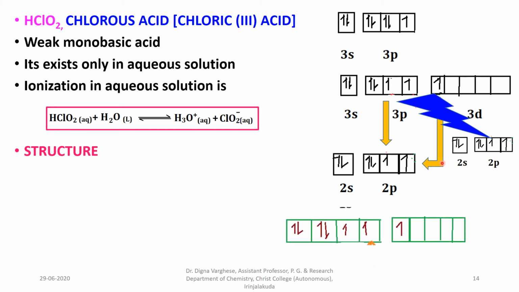And the sp3 hybrid orbitals form two sigma bonds with the two oxygen atoms and one pi bond with one oxygen atom, and there are two lone pairs, one is this and one is this.